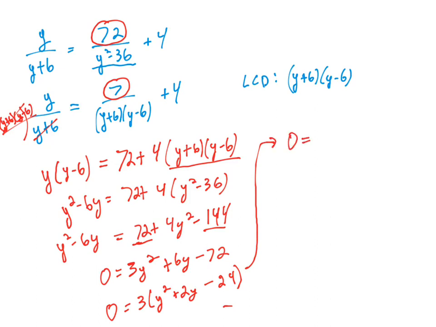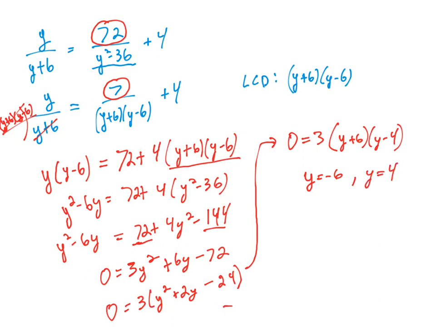So 0 is equal to 3 times y plus 6, y minus 4. Okay, that's what we get. So y is going to be equal to negative 6, y is going to be equal to positive 4.